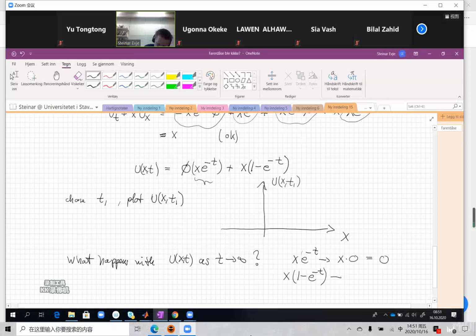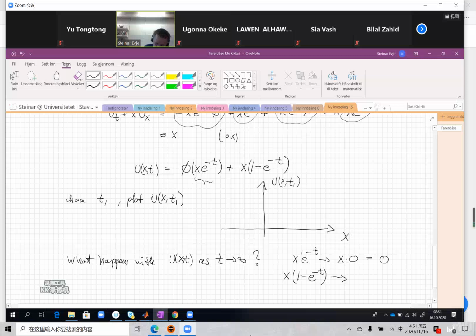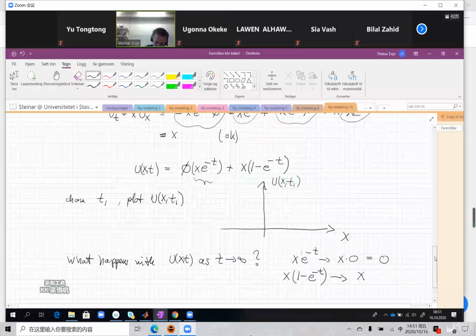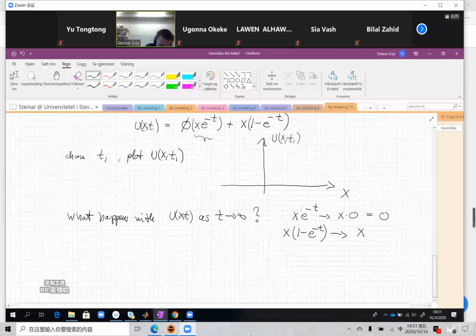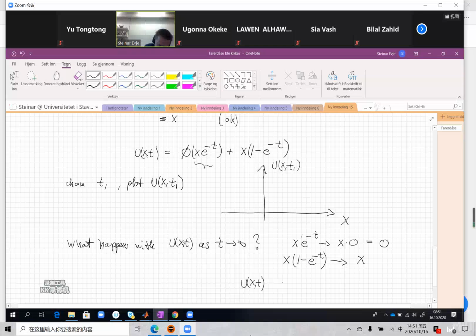And what will happen with this? Again, we see that the exponential function with negative t will converge towards 0, so that will converge towards x. So we see that u(x,t) will tend towards phi evaluated at 0 plus x.